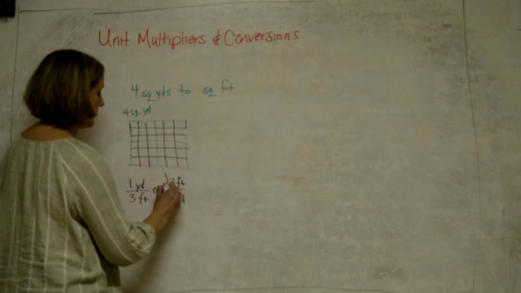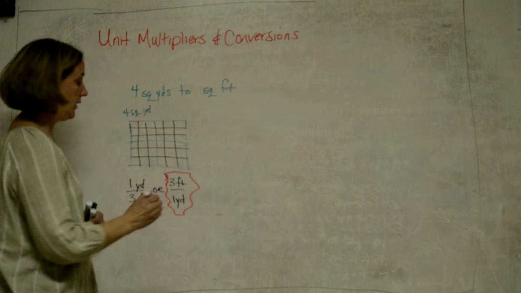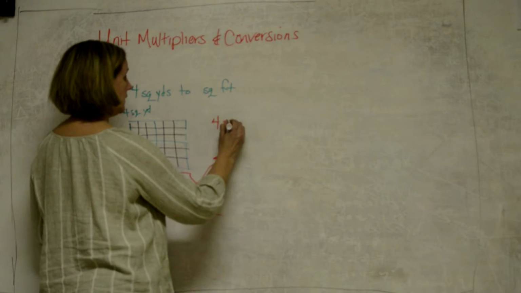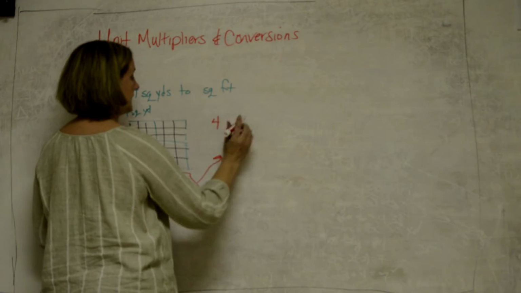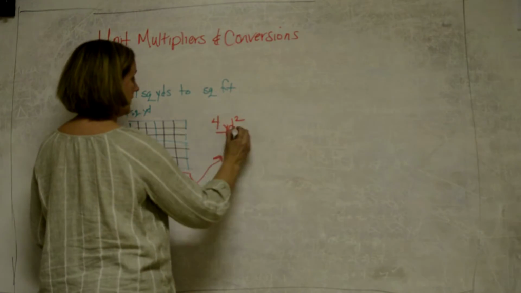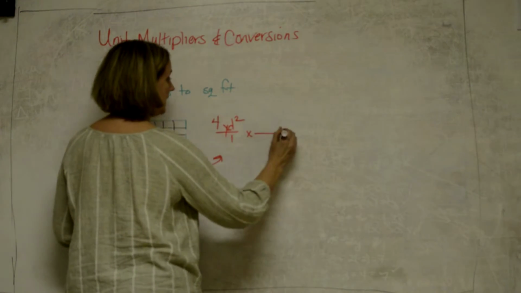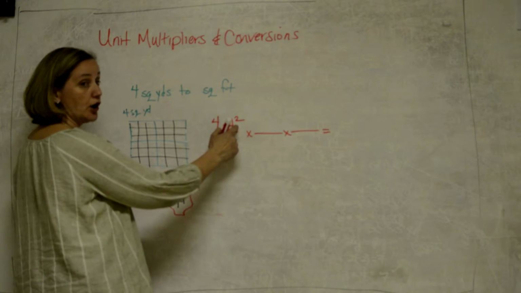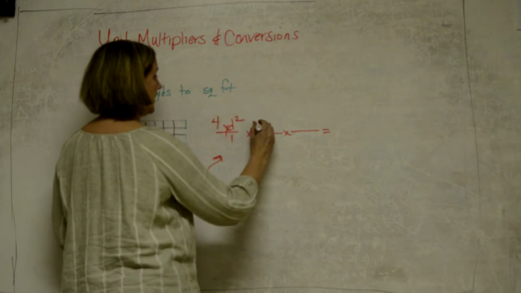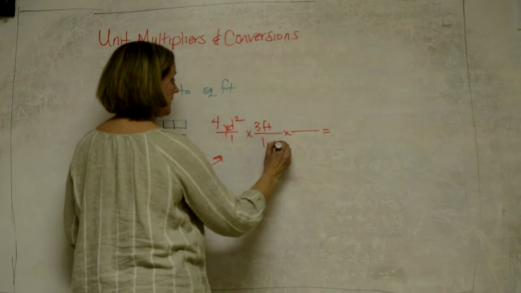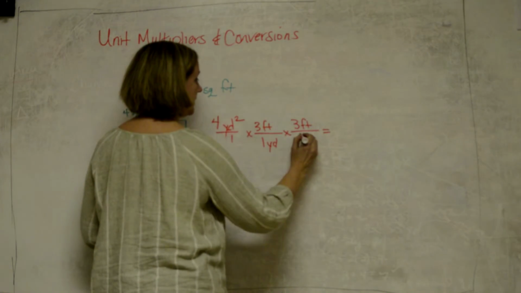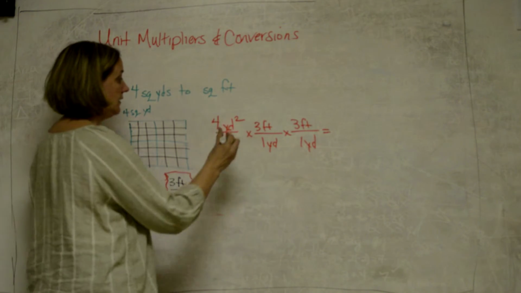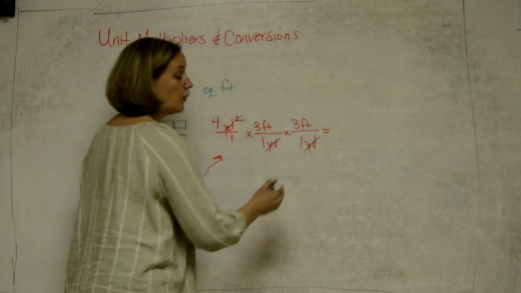So now I have 4 yards squared, and I'm going to have to do it twice because I have yards times yards. So I have 3 feet is 1 yard, and 3 feet is 1 yard. This way, I cancel the yards twice.